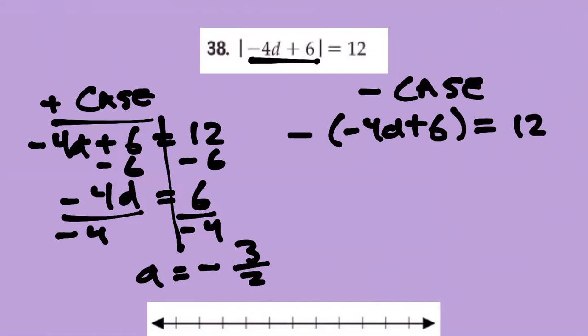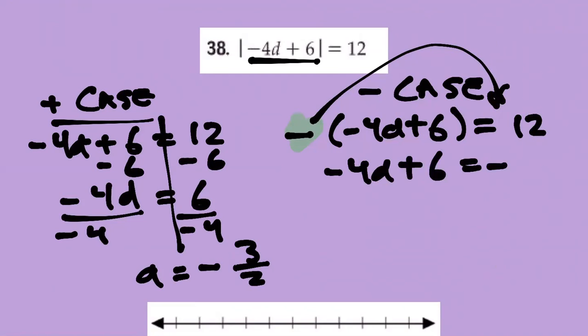But if you remember, we're going to take that negative sign that is here and move it over to the other side, so that we have negative 4d plus 6 equals negative 12. We just moved that negative sign over because it's easier to work with.